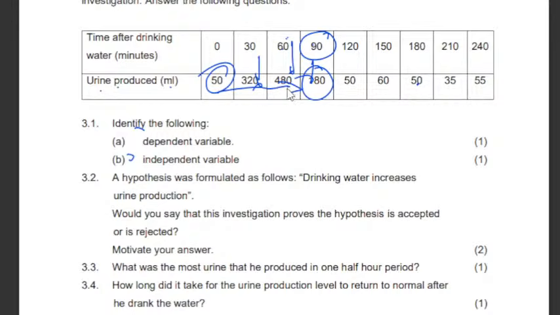The most urine is here, which is 480 mils, or cubic centimeters. They're saying how long did it take for the urine to go back to normal? Normal was 50, so it means that it took 120 minutes.